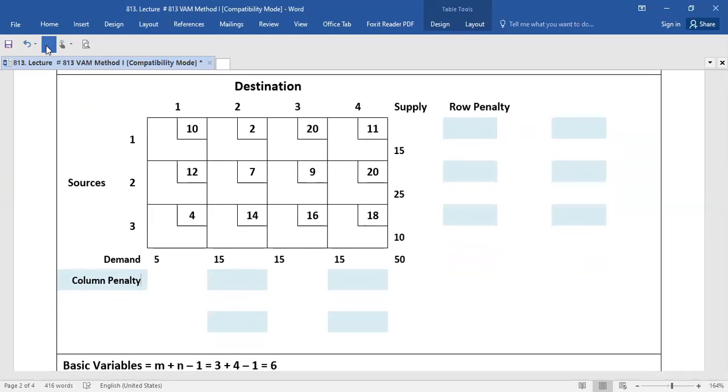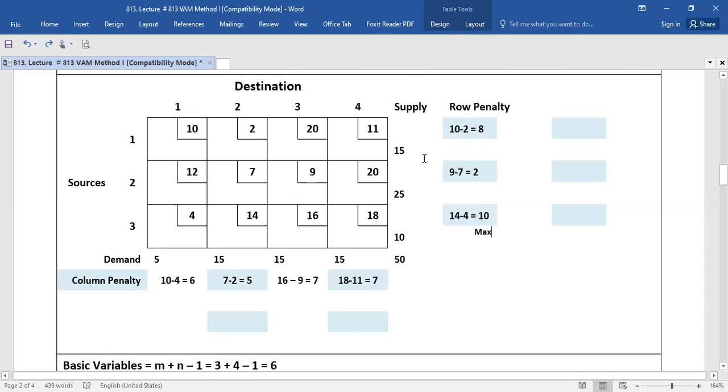How are penalties calculated? In this way you will find the penalties. The procedure of finding the penalties is this.